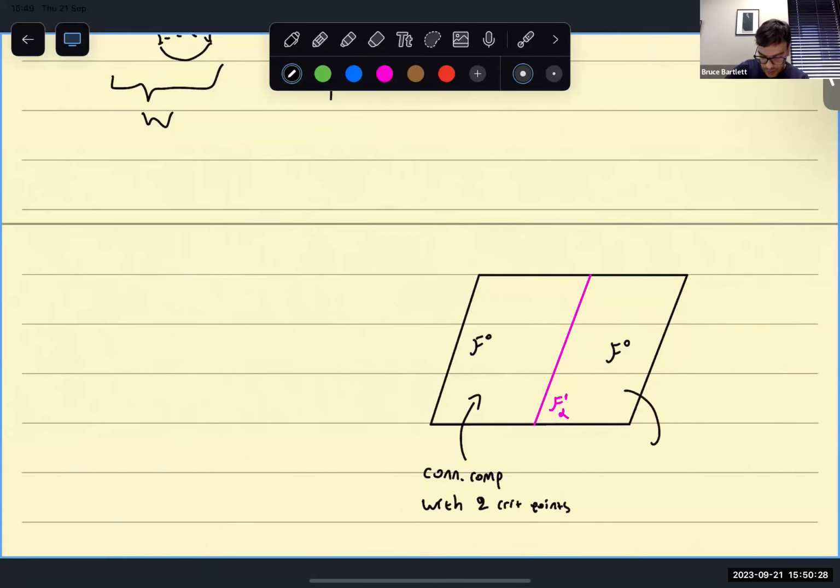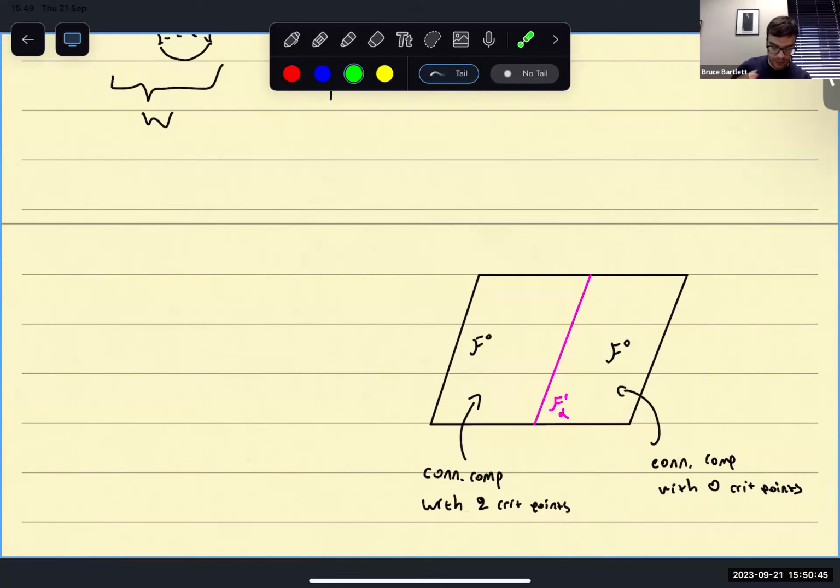And this is a connected component which consists of Morse functions with 0 critical points. I could have said, I don't know, like n and n plus 2, but it doesn't matter.